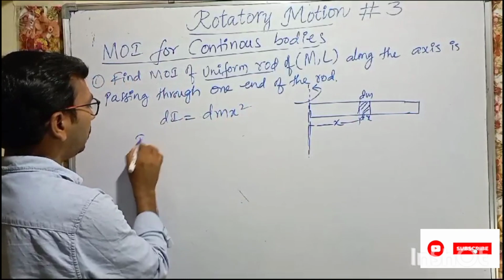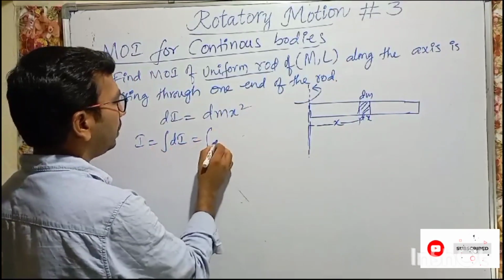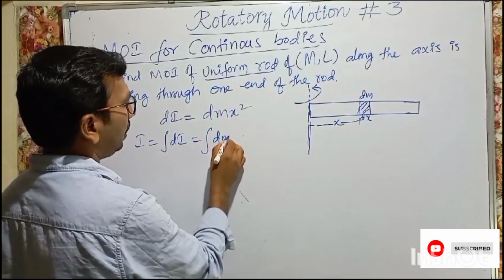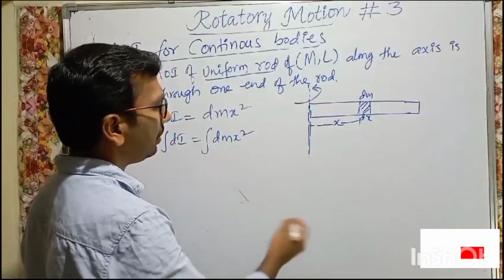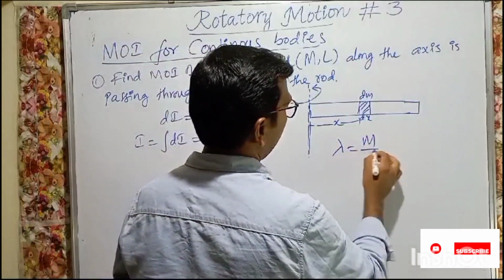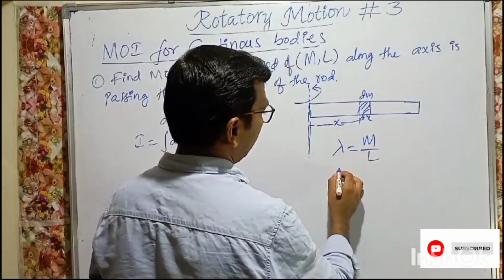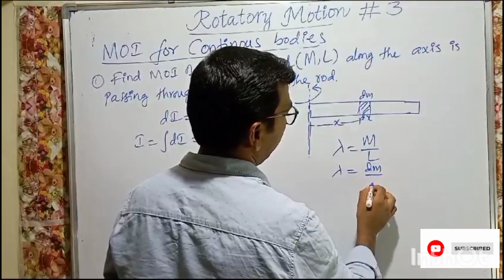So here I is equal to integration dI, integration dm x square. Here linear mass density lambda is equal to capital M by L. For a small element, lambda is equal to dm by dx.